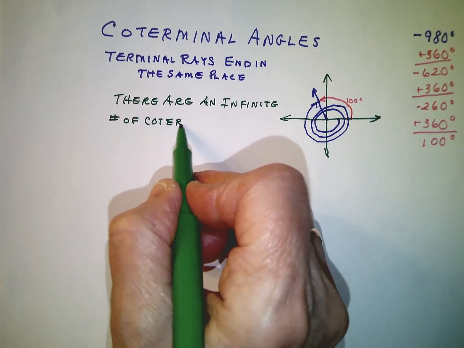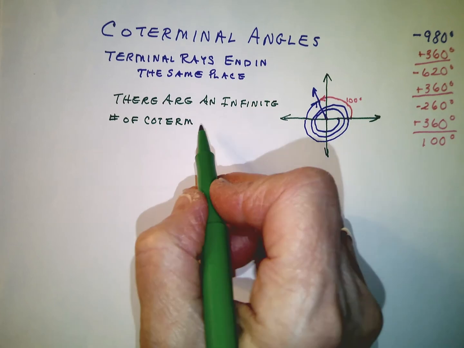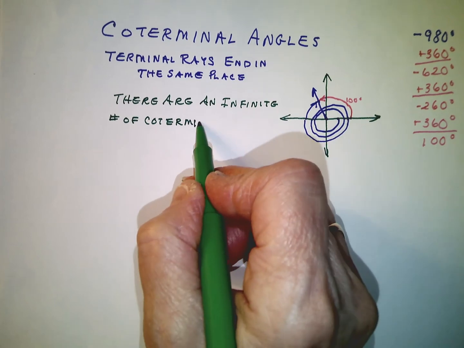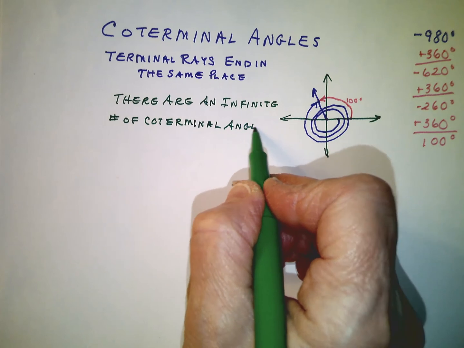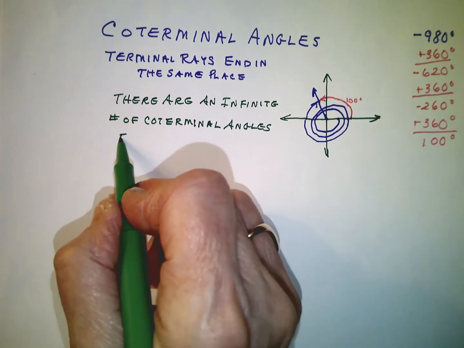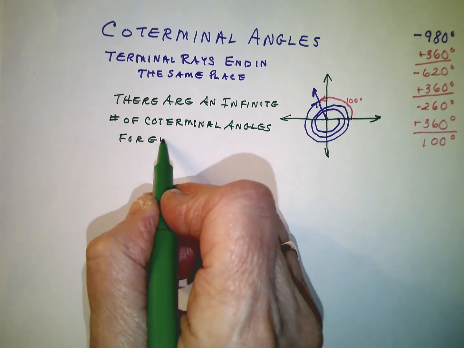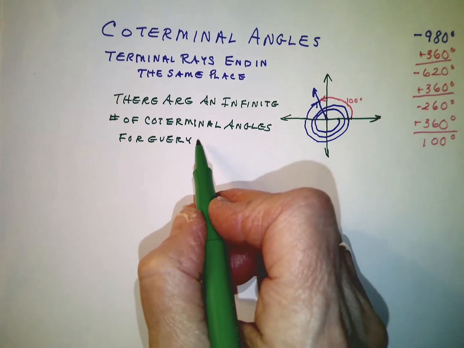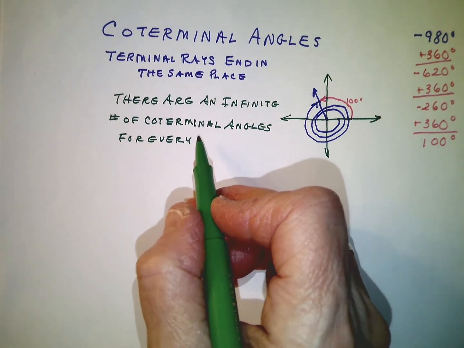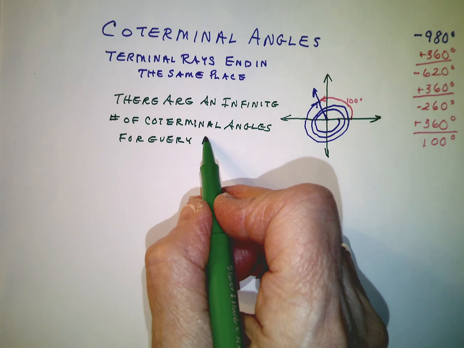Using exactly what you did over here. So every angle has an infinite number of equivalent angles.